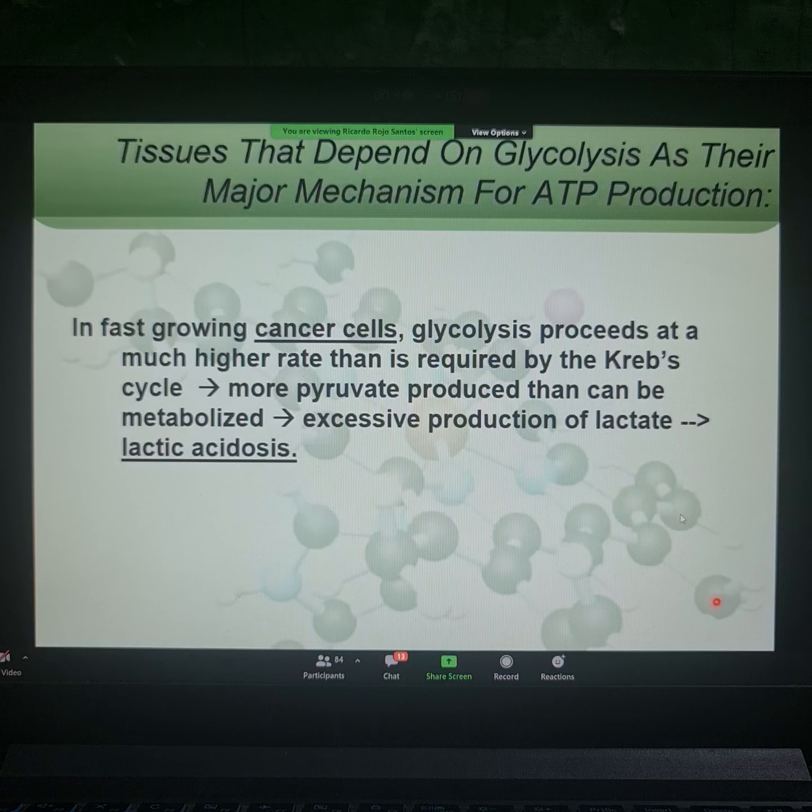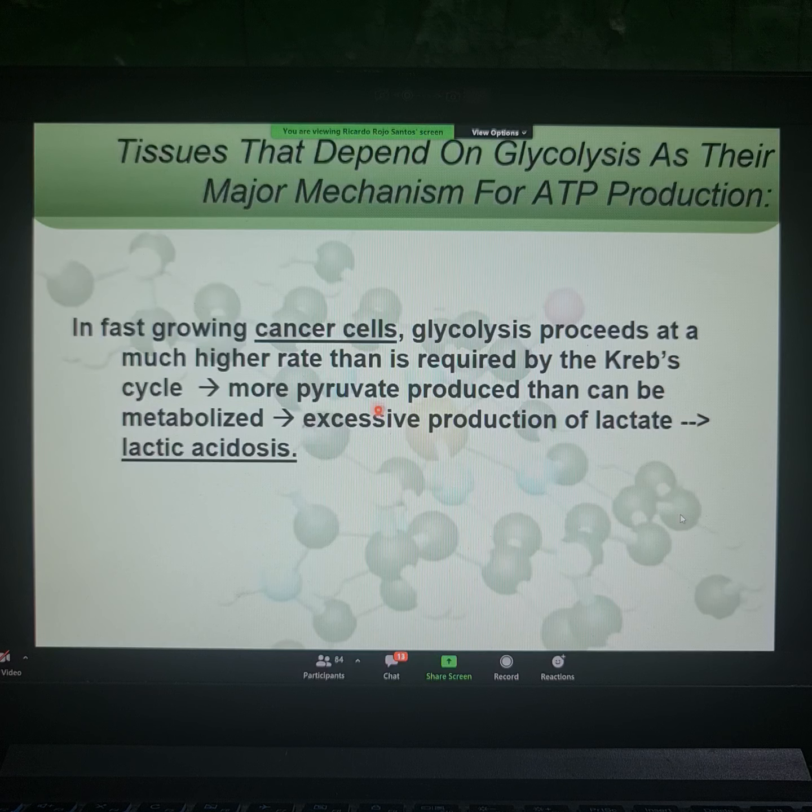Now, look at this. In fast-growing cancer cells, glycolysis proceeds at a much higher rate than is required by the Krebs cycle. So in other words, there will be a backlog of pyruvate. Okay? So more pyruvate is produced than can be metabolized via the pyruvate dehydrogenase reaction and the Krebs cycle.